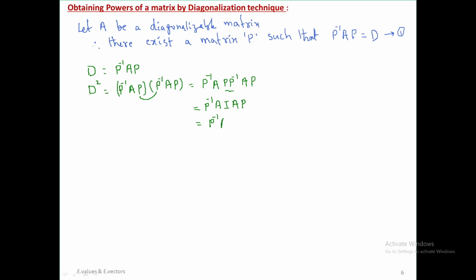So we get A into A into P, and this will be P inverse into A square.